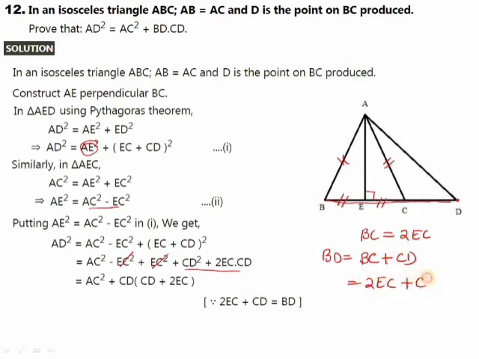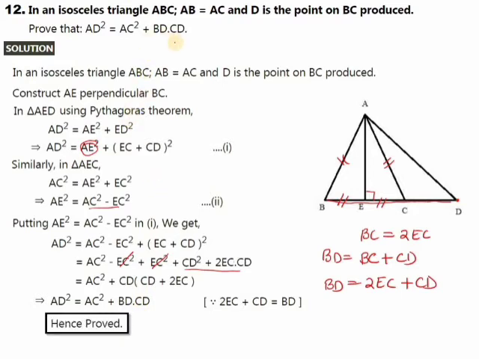So 2 times EC plus CD is nothing but BD. So in place of this, I am going to write BD. You get BD into CD or CD into BD, both mean the same, and that's what I wanted to show here. So this is how we need to prove this particular problem.